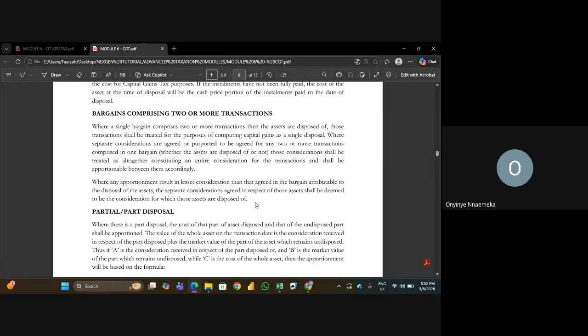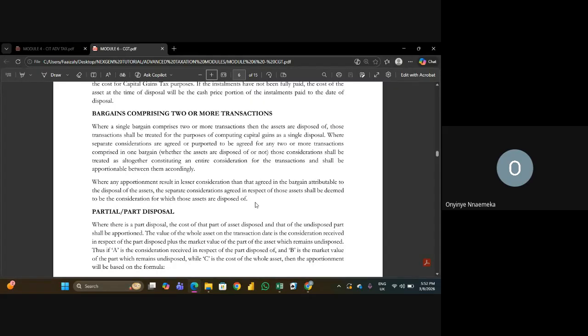So what they are saying here is that you paid for the bargain. Let's say you paid for the 3 cars, instead of 50 billion, the person decided to remove 1 million for you, right? Okay, let's do it that way: 50 billion, remove 1 million.